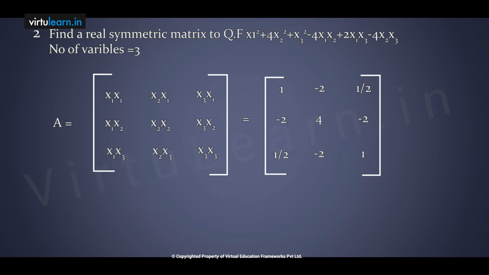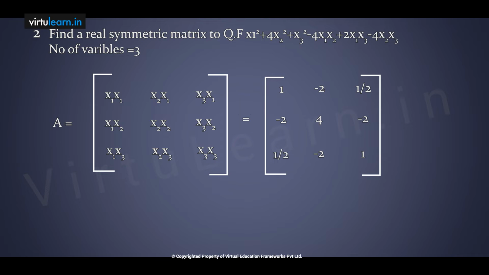After completing the first row, you can write the first column immediately because we are writing a real symmetric matrix, meaning the first row and first column elements are the same. The first row elements are 1, minus 2, 1 by 2, and in the same way the first column elements are 1, minus 2, 1 by 2.